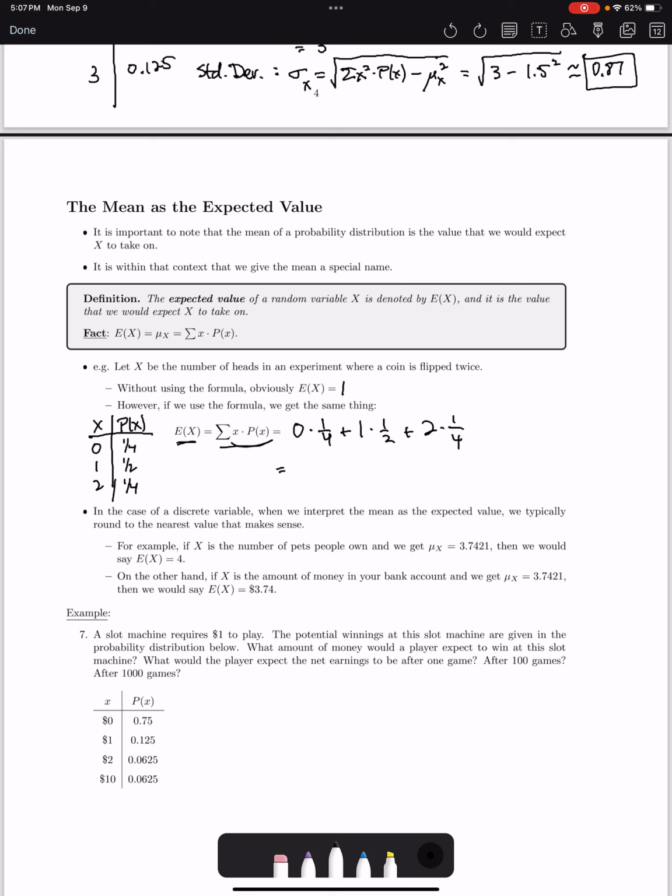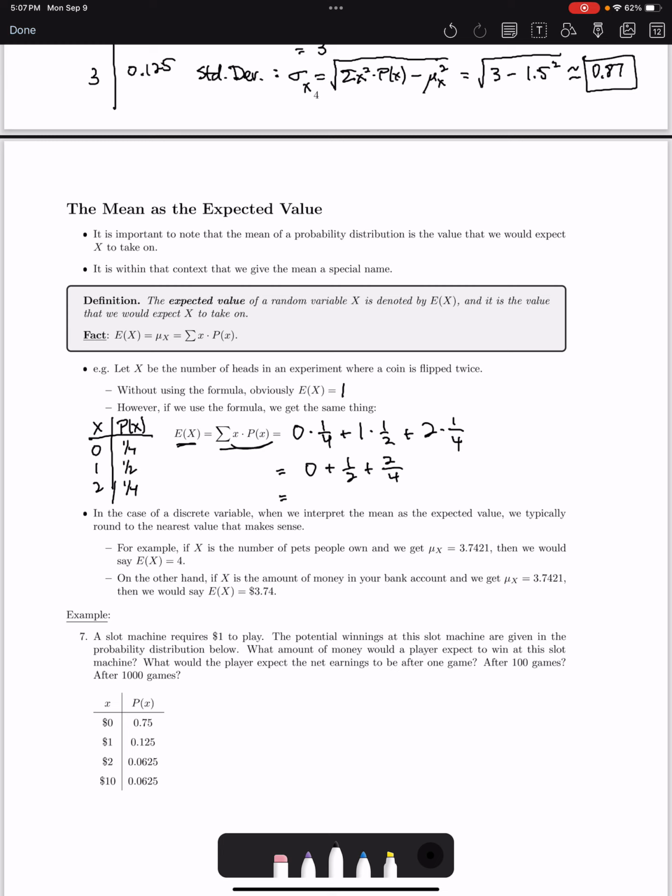That would come out to 0 plus 1/2 plus 2/4. 2/4 is the same as 1/2, so this is just 1/2 plus 1/2, which equals 1. Okay? So it validates our intuition, that the expected value is the value we expect x to be, and it's the same thing as the mean. This is the way that you would compute it.